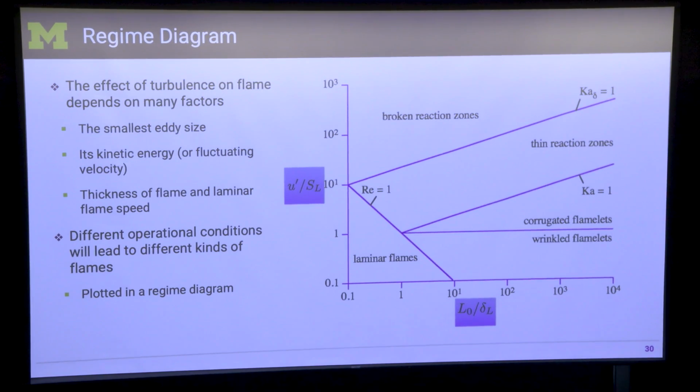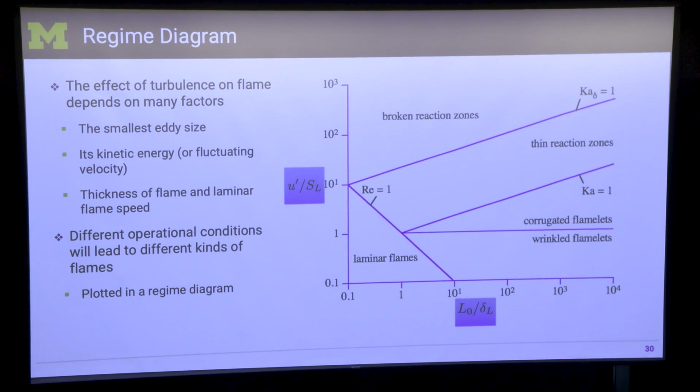So you see that RE equal to 1 plot. That's when Reynolds number is exactly equal to 1. Every other higher Reynolds number will be lines parallel to RE equal to 1, but further and further away from it, towards the top right of the plot. So as you keep increasing Reynolds numbers, you're going more and more towards the top right on parallel lines.